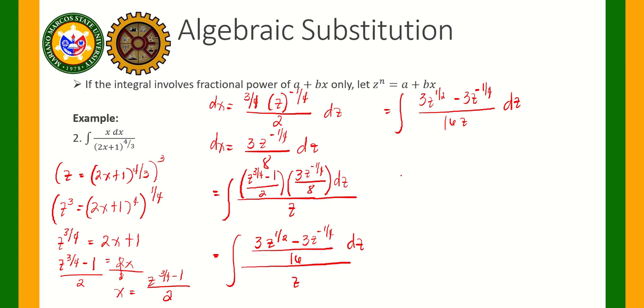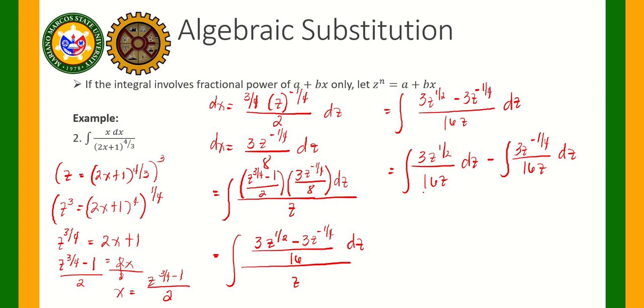And then, simplifying further, 3z raised to 1/2 over 16z dz, minus, paghiwalay na natin, 3z raised to negative 1/4 all over 16z dz.